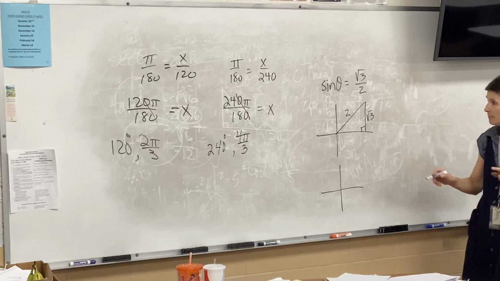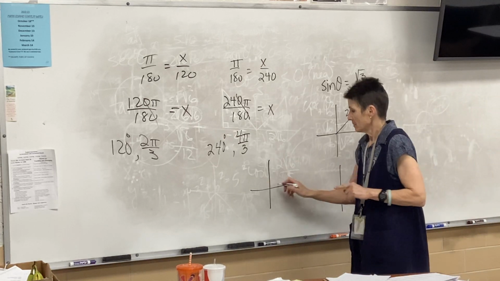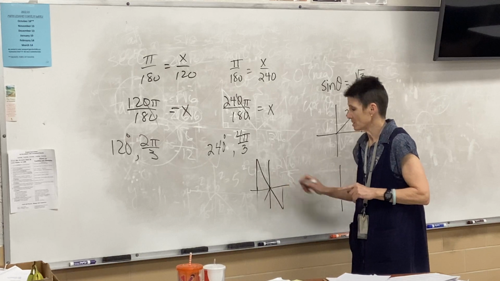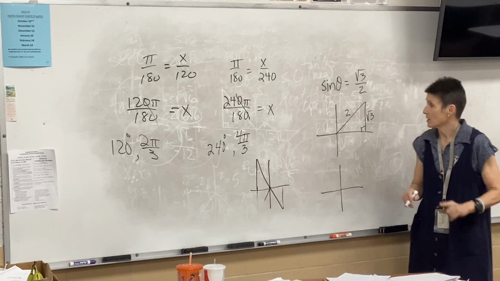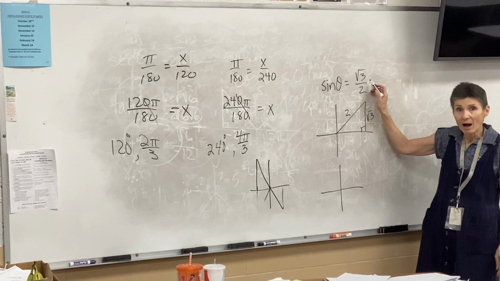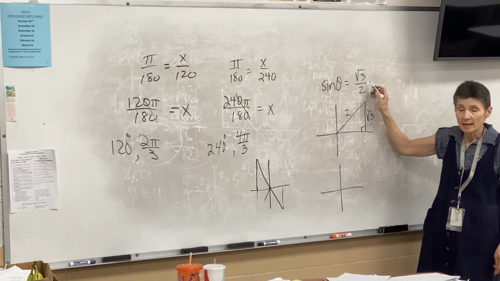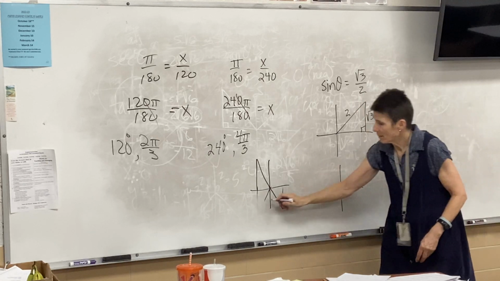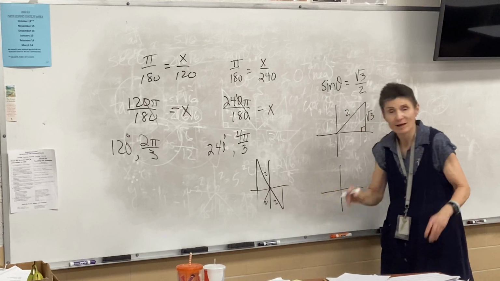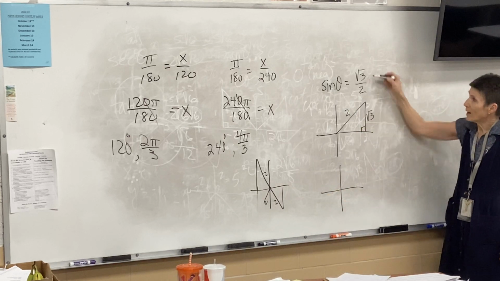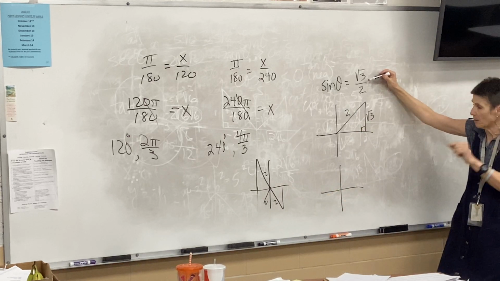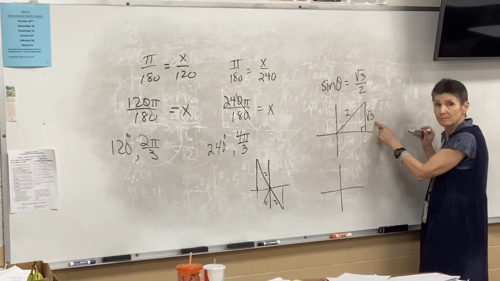Where else? Think about your other options. Think about all of your other options. Where else would opposite be positive and hypotenuse be positive? Well, hypotenuse is always positive, so we really don't have to worry about that one. But where else is the opposite positive? It's positive right here.